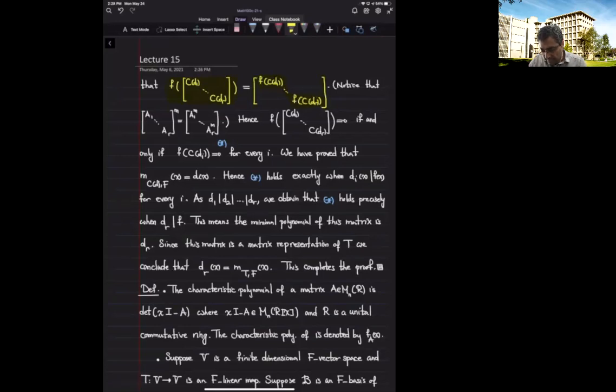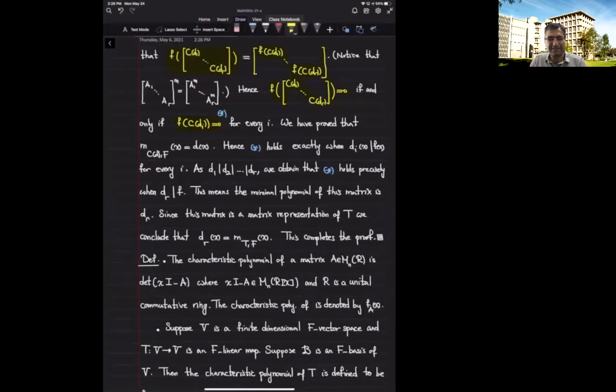So f evaluated at this matrix is 0 if and only if f evaluated at every one of these companion matrices is 0. But that means the minimal polynomial of these companion matrices should divide f.